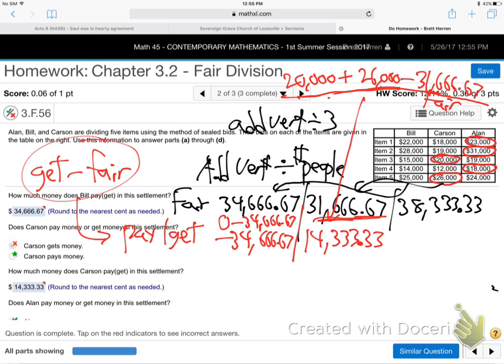Finally, for Alan, same thing. You got to add up. Alan was given a lot of stuff, 3 items for Alan. You got to add up all of Alan's items. So I'll do that right here.